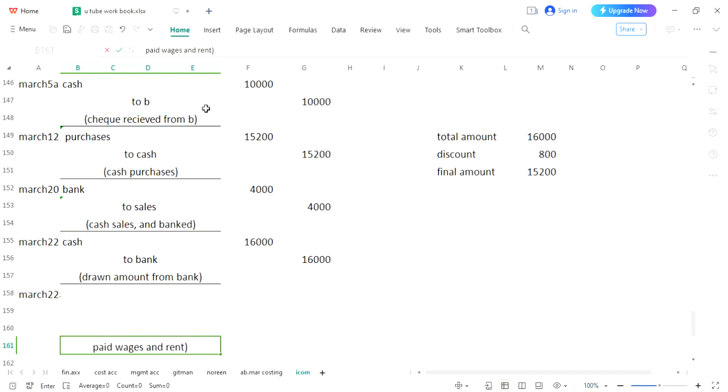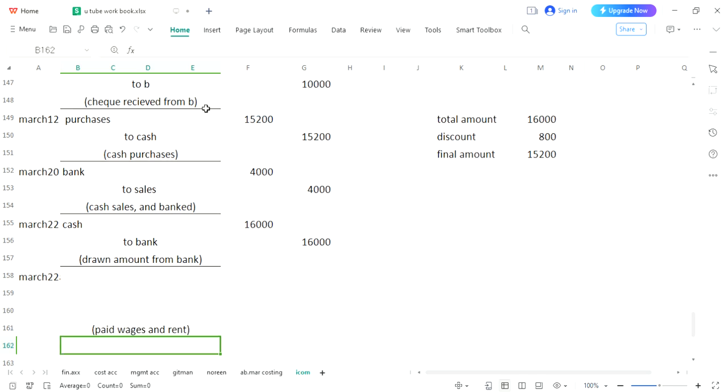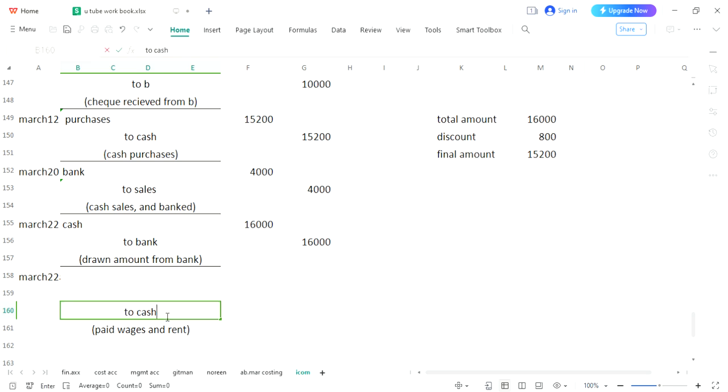First time we are entering two different journal entries at the same position. Please note it down. You have paid wages. When you will pay, what will happen? Your cash will go out. Cash is your asset. Asset is decreasing. Decrease in asset should be credited. So you will write cash on credit.